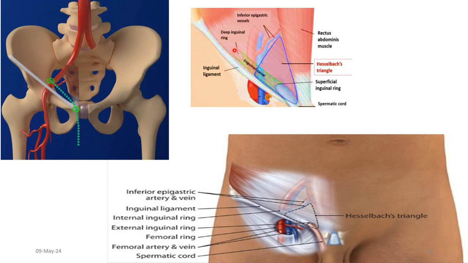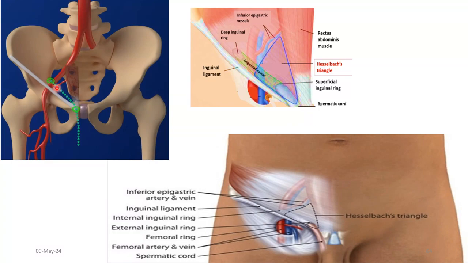So that's the difference between the direct and the indirect. The indirect, we have said, those intestinal structures are going to go through the deep inguinal ring, which is lateral to these vessels and outside the Hesselbach's triangle.